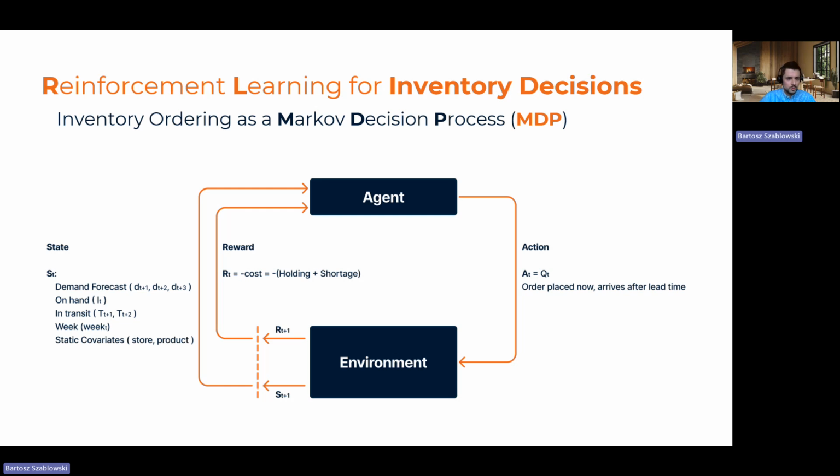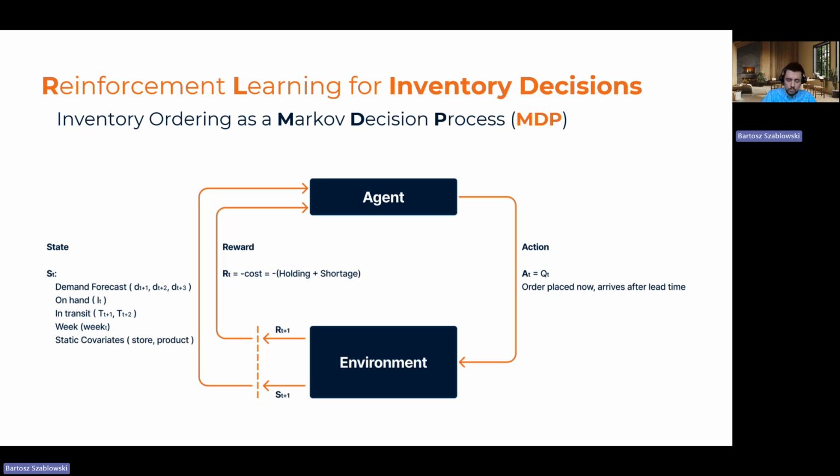Okay, now let us move to the second part of the solution, making orders using reinforcement learning. The ordering problem itself can be naturally described as a Markov decision process. We have a state, meaning the current inventory, the in-transit information, and the forecast generated. Then we have the action, meaning generation of orders.